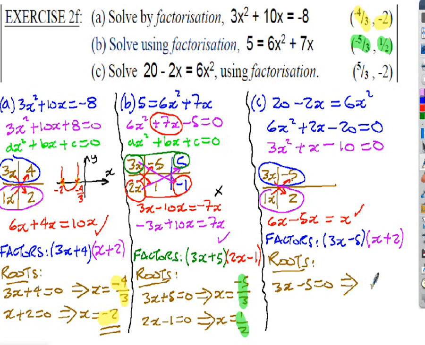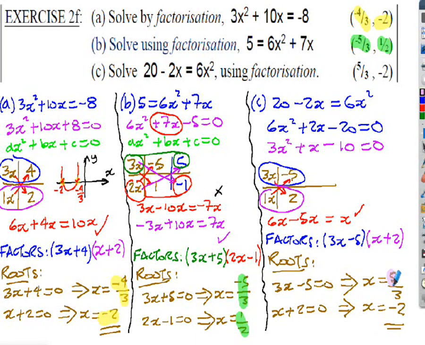Solving that for x, I will add 5 to both sides and divide by 3, so x is equal to 5 divided by 3. Taking my second bracket, x plus 2 is equal to 0, and solving for x I will subtract 2 from both sides, so x is equal to negative 2. So those are my roots there.